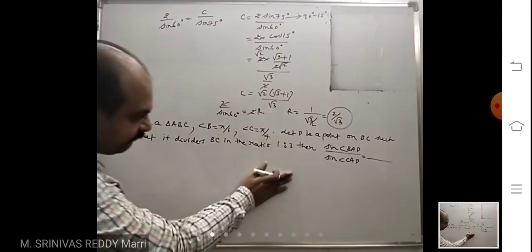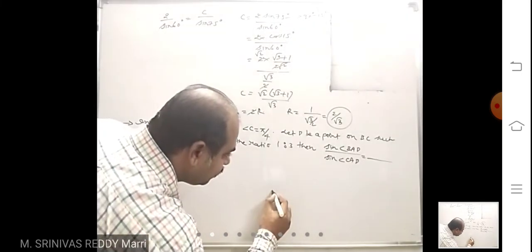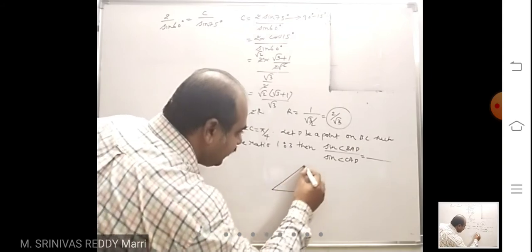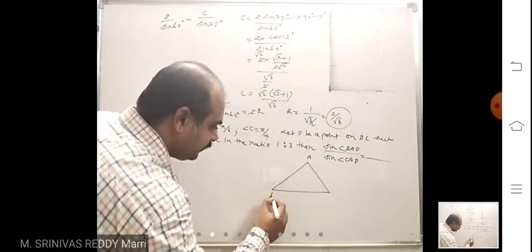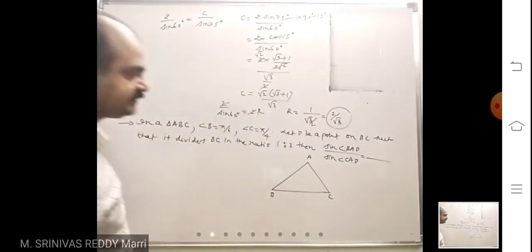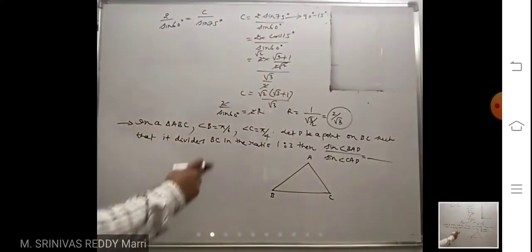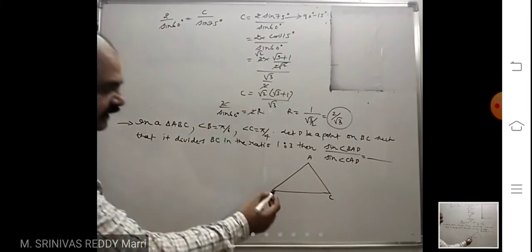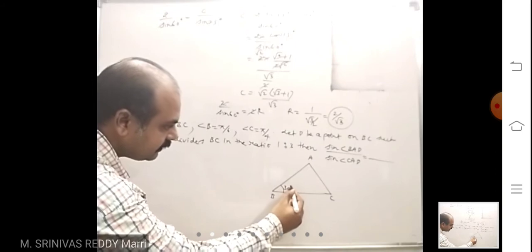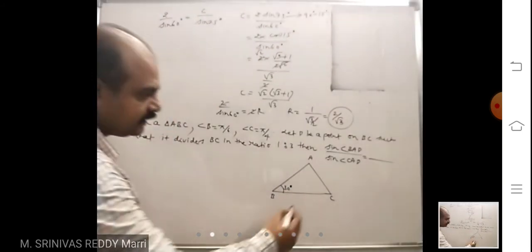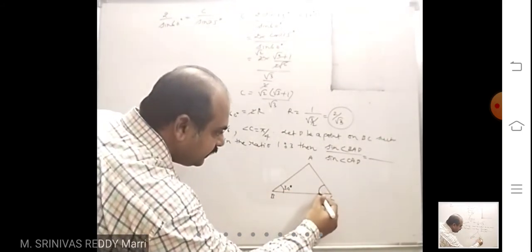Look at the problem. So draw the diagram first. Diagram is very important for every problem in properties of triangle. Look at here, angle ABC, whatever is given you mark. This angle is 30 degree, this is given. This angle is 45 degree, given.